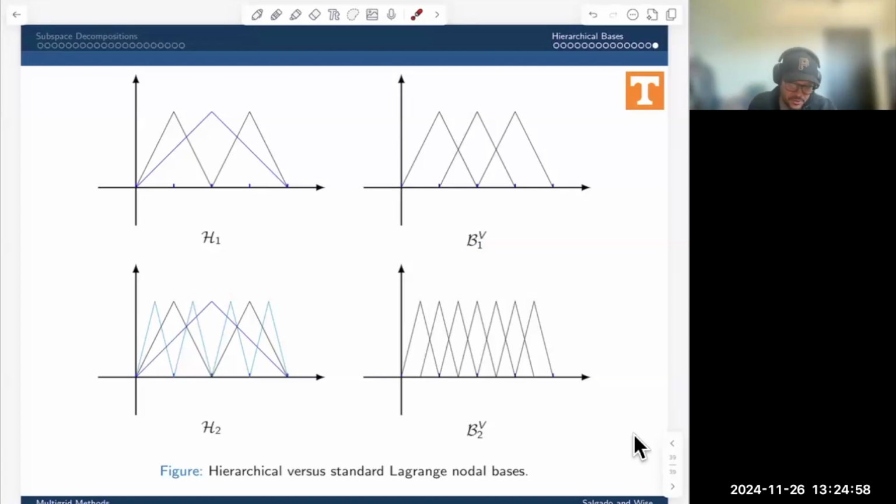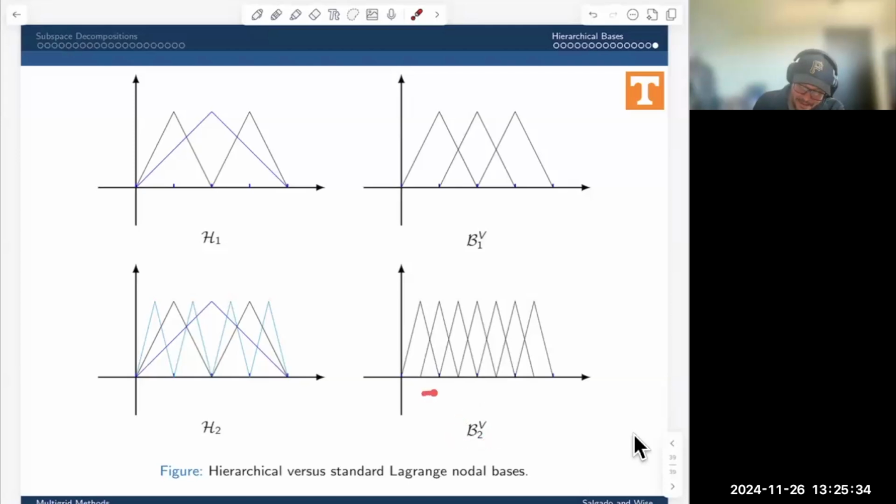Okay, now let's look at H2. What does that look like? It's the basis from level 0 plus these 2 guys that I just added, plus the basis for W2, which is going to be these 4 hat functions, which we talked about earlier. So now I have 1, 2, 3, 4, 5, 6, 7 functions. They're all of different shapes and sizes. That's okay. They also form a basis for V2, as does this Lagrange nodal basis.